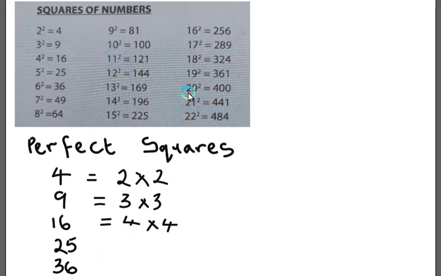For this one we have 484, which is the same thing as saying what? 22 multiplied by 22, and that will give us 484. So we can call 484 a perfect square.